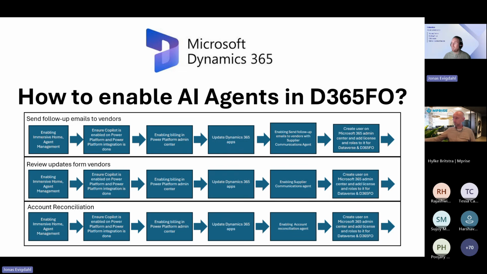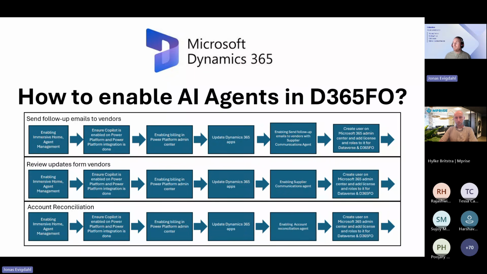What we start with in terms of enabling these agents is that we have to turn on the immersive home feature in D365 and then the agent management. Afterwards, we have to go into the Power Platform and make sure Copilot is enabled and the Power Platform integration is set up for the environment, all of that basic stuff.